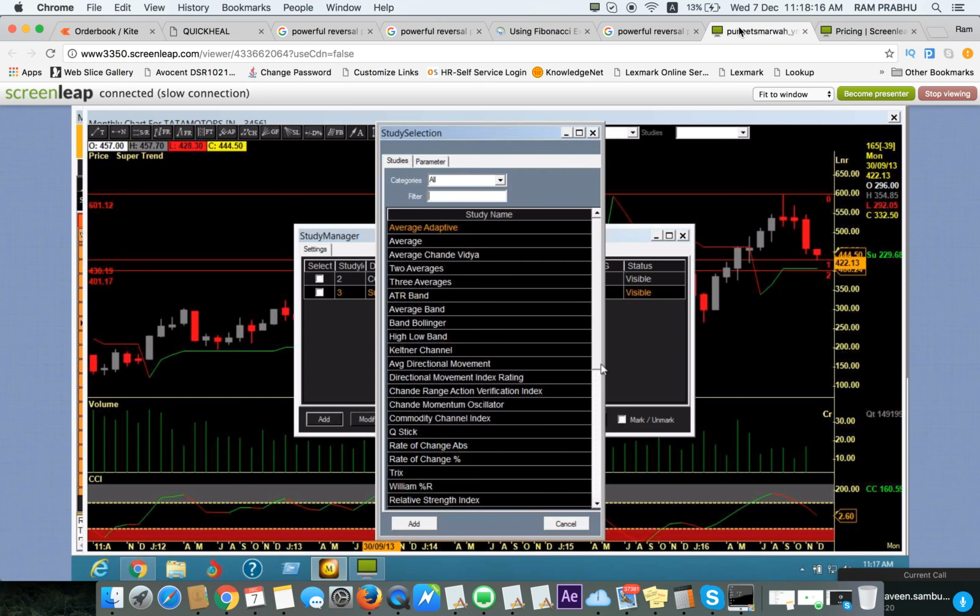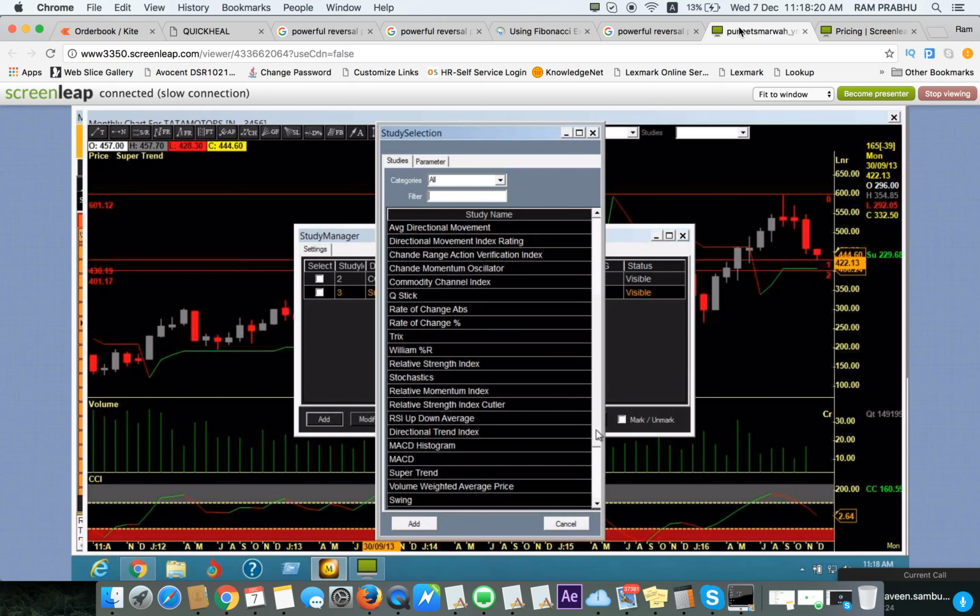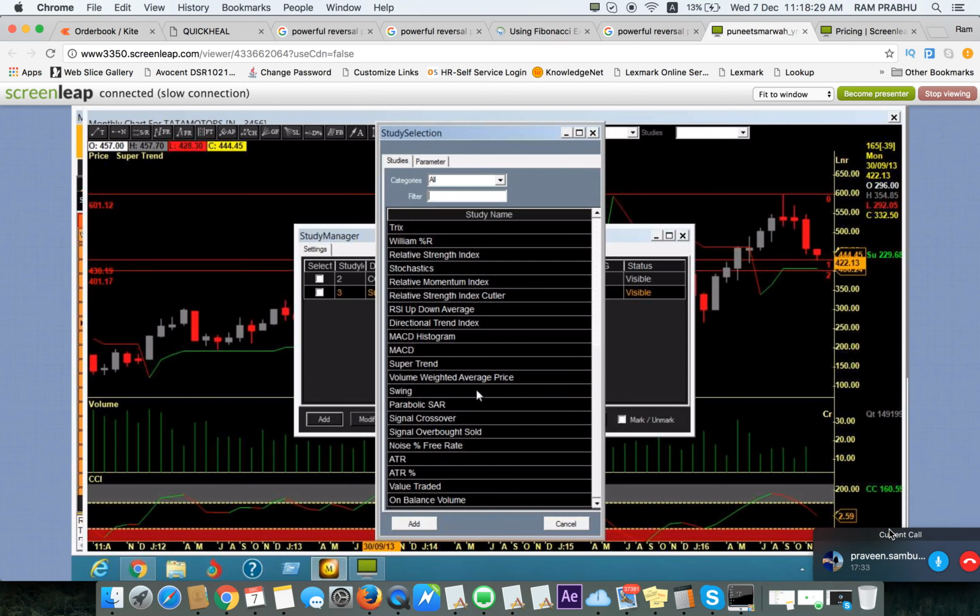You can use your simple moving average or weighted average. People use 50 days moving average, 100 days, 200. It's more or less the same thing, but this is where you identify the stock.